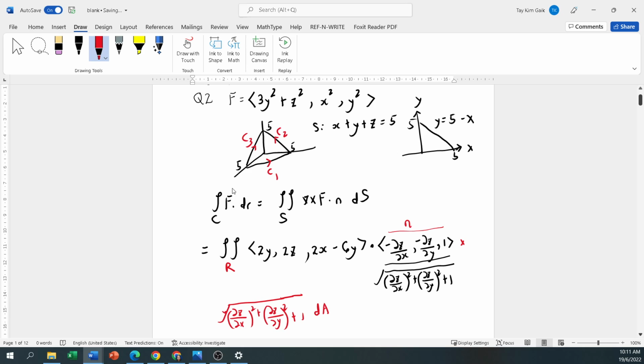The surface S will be projected onto the region R.